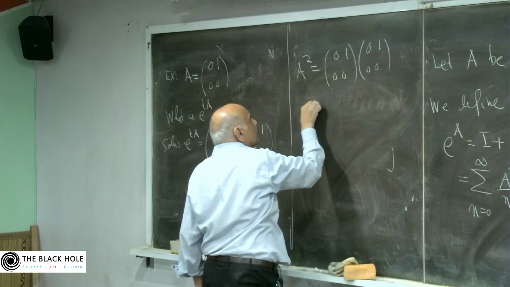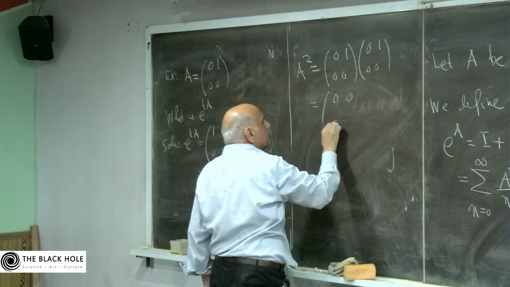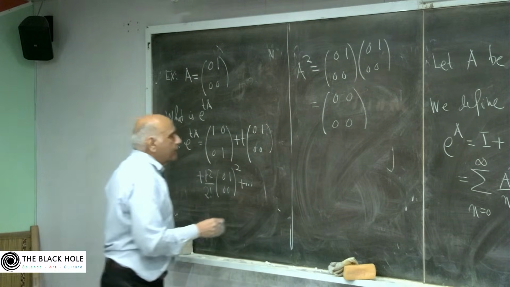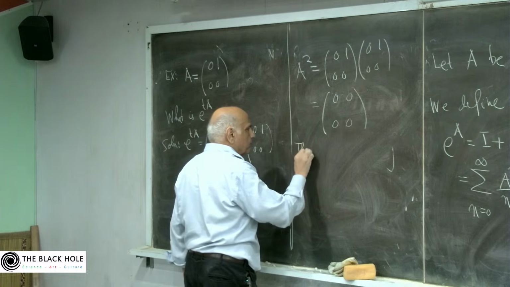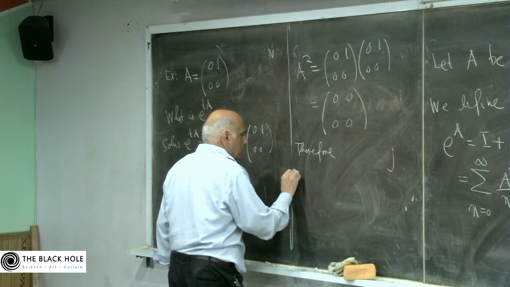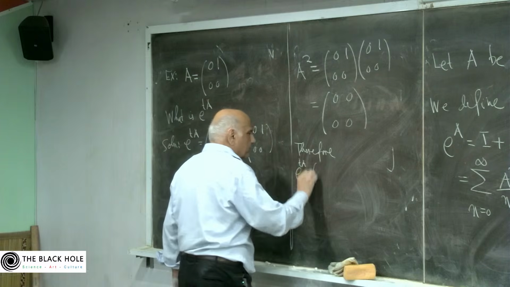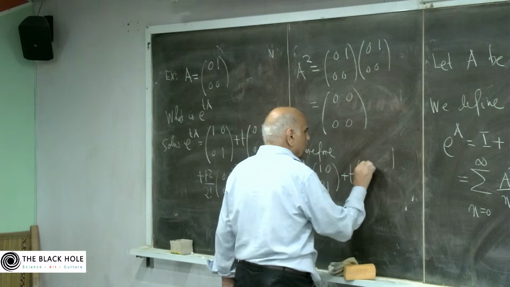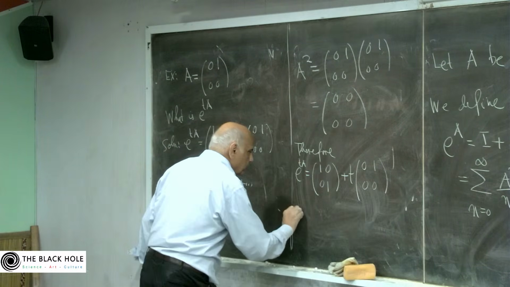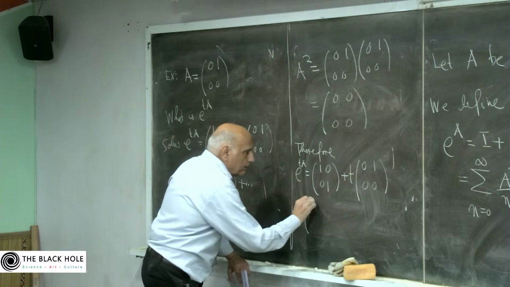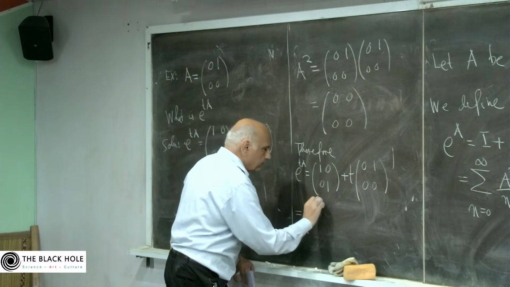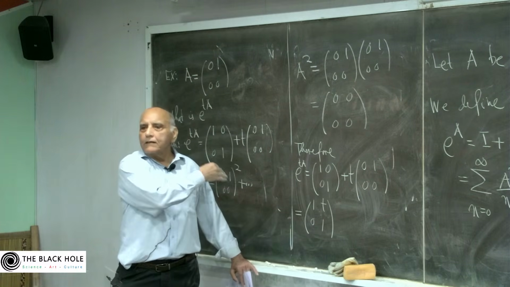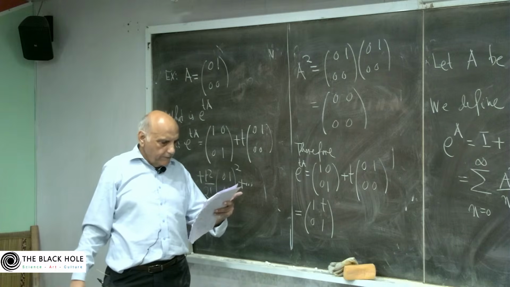If you multiply this out, this will just be the zero matrix. So everything will collapse, and thus e to the power of TA is 1 0 0 1 plus t times 0 1 0 0, and when you add it, what do you get? 1 and then t and 0 and 1. So the exponential of tA is something very simple. Okay.